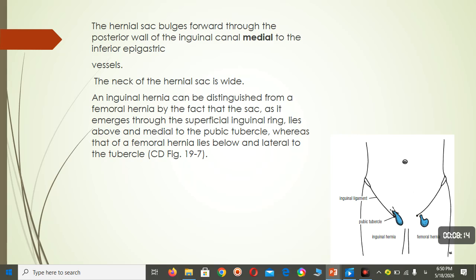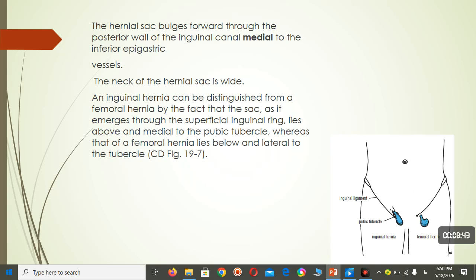But in the femoral hernia, the sac of the hernia is lateral to the pubic tubercle, like this. Here the sac is medial to the pubic tubercle. It is inguinal hernia. But in the femoral hernia, the hernial sac is lateral to the pubic tubercle.